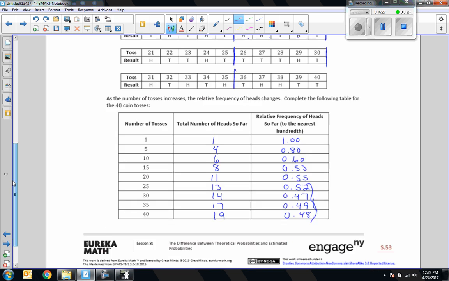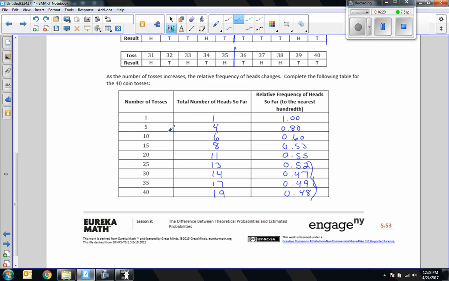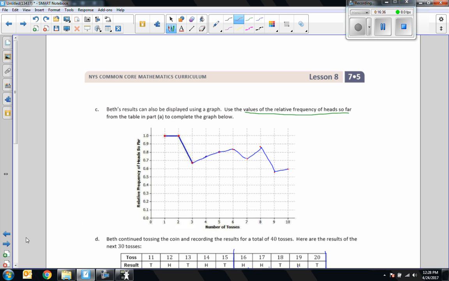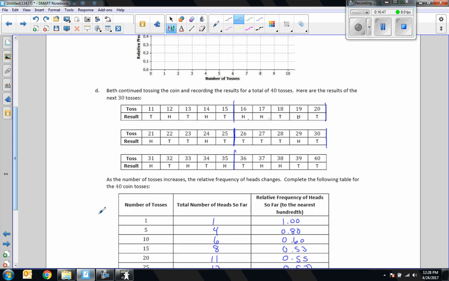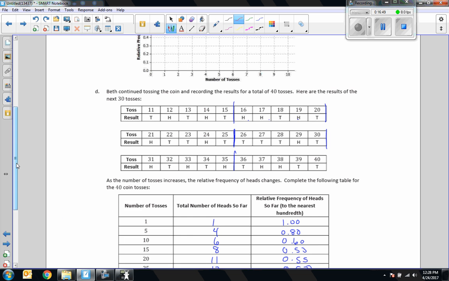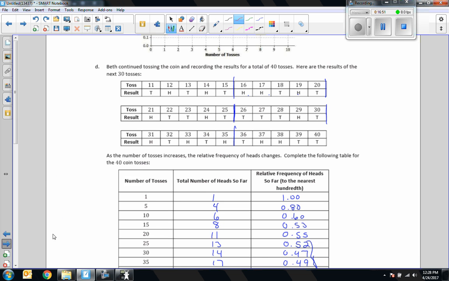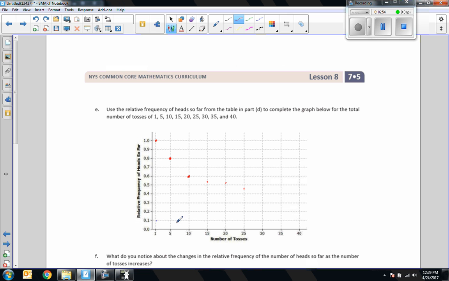It's the trouble with these page to page. 1, 5, 10, 15, 20, 100, 80, 60, 53, 55, and 25 was 13, which is 52. Okay, that's where I went wrong. 25 is 0.52, which is up here.